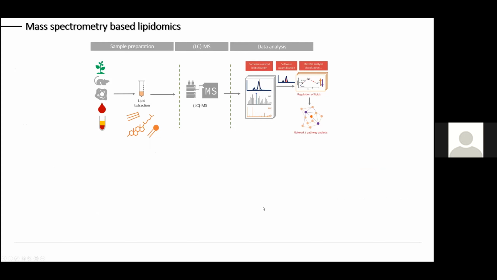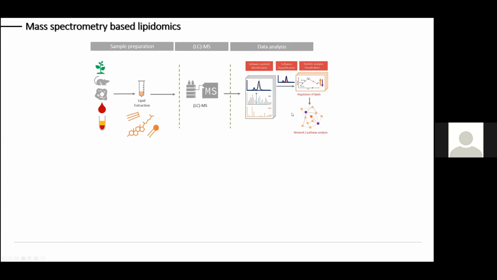So how can we do that? Every lipidomic experiment which involves mass spectrometry always starts with sample preparation, so we can extract lipids from a variety of different matrices using different kinds of methods. We perform the mass spectrometry experiment with or without chromatography.